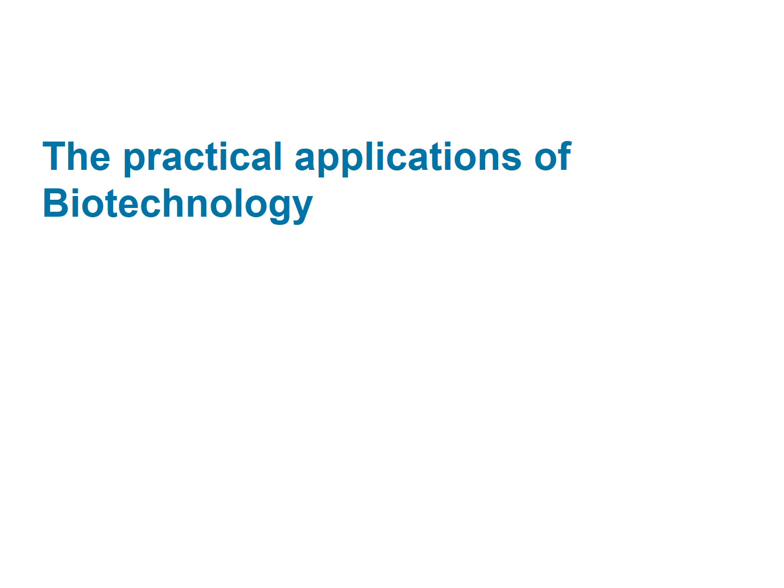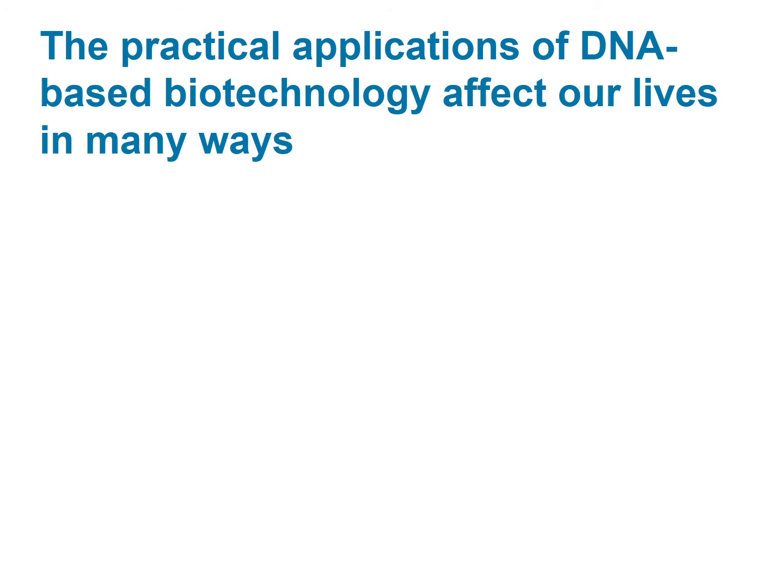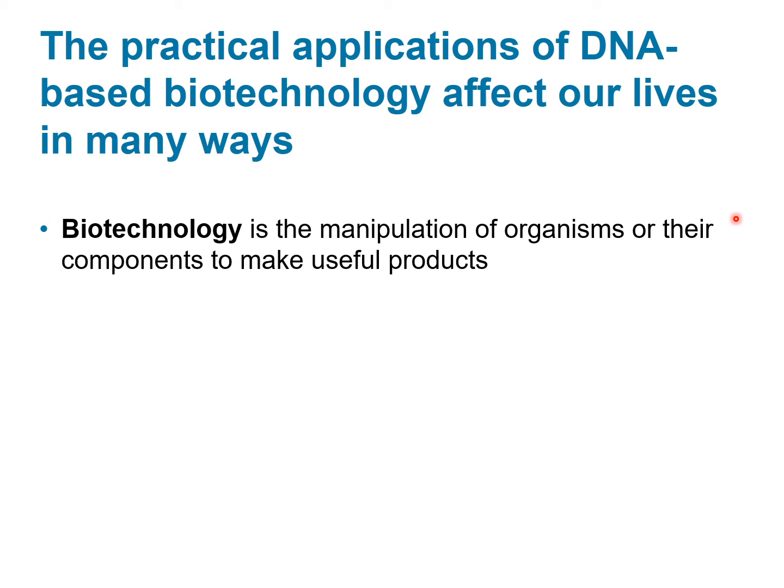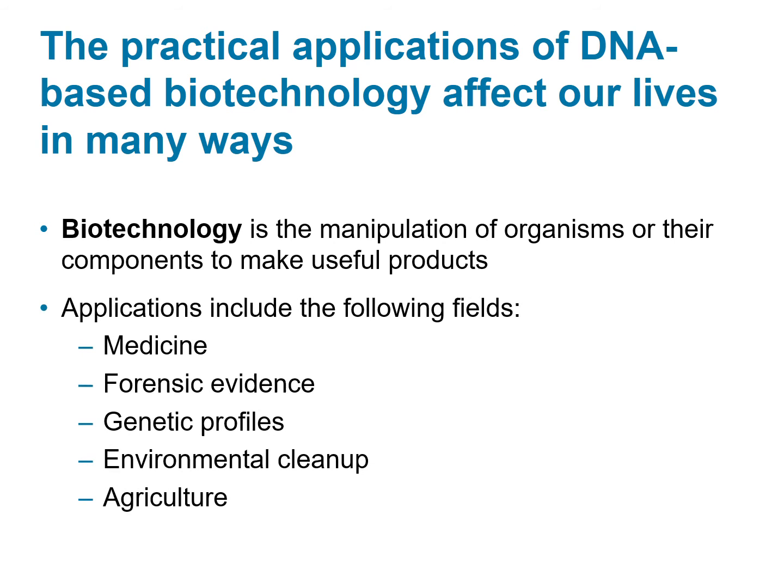Now let's talk about the practical applications of these types of biotechnology, or any of the types of biotechnology discussed in segments 1 and 2. These have affected us throughout the years. Biotechnology is really the manipulation of organisms or their components to make products that are useful. And it could be in medical or agricultural or environmental ways.